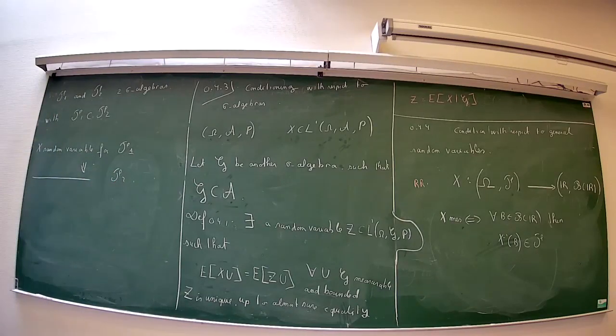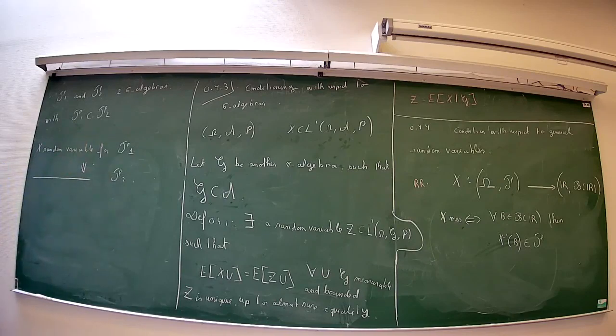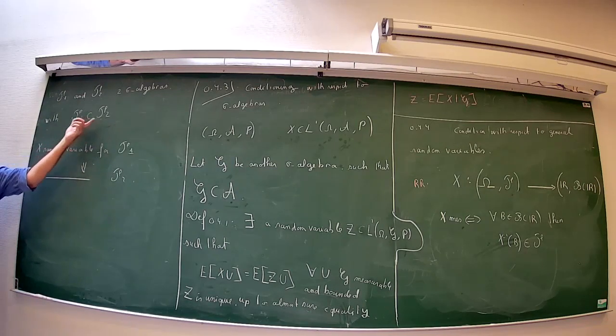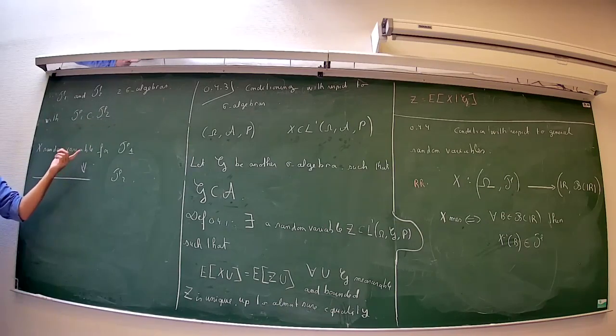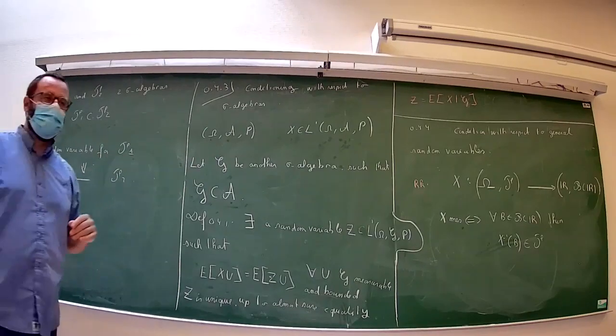I repeat once again something that I have already said: if the pre-image is in F1, of course it is in F2. So if I am a random variable for F1, I am a random variable for F2. So if F1 is smaller than F2, the definition of being a random variable is simpler for F1 than for F2.